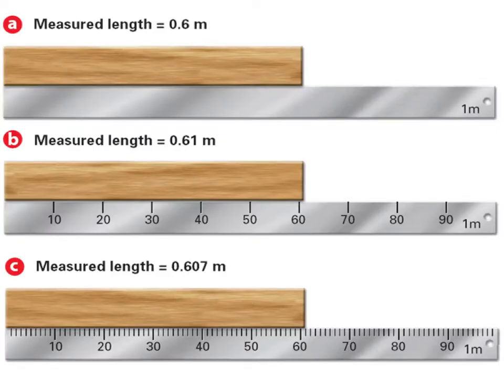So we have a hypothetical block of wood. On the top one, we have no way of truly knowing where on that 1 meter block this ends. We don't know exactly where it actually ends. We know that it is about halfway. What we can say with confidence is that it's over half.